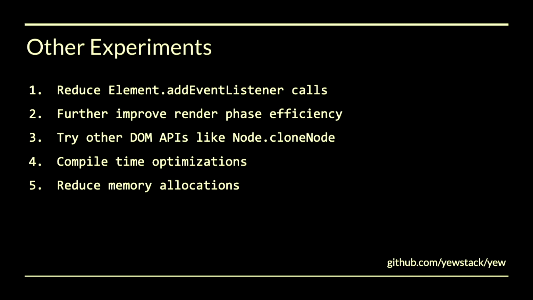Together there's 11. So when you're creating 10,000 rows, you're creating 10,000 copies, basically, of the same thing. Instead of creating 11 nodes for each one, you could just create it once and clone the whole structure 10,000 times. Then you cut your DOM API calls by 1/11. So that's something we want to look into too.